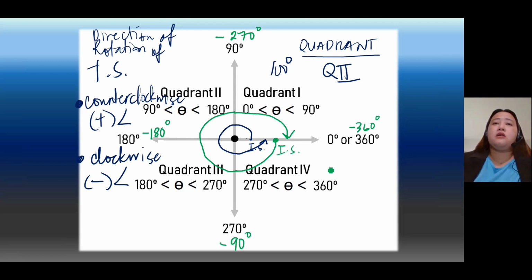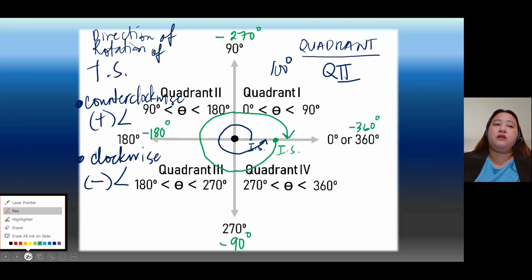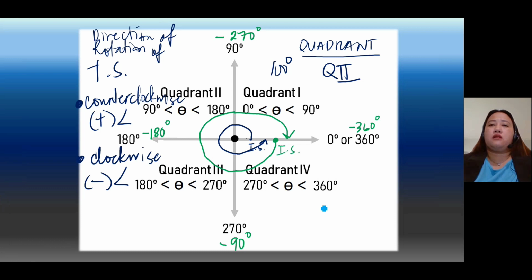As I said a while ago, even if the angle is negative, the quadrant will still be the same. For example, if you will be asked in which quadrant can you find negative 285 degrees, it is actually in the first quadrant.